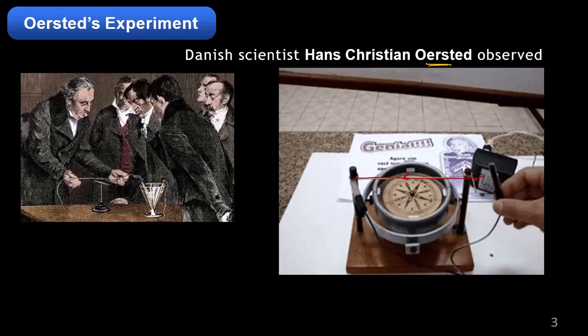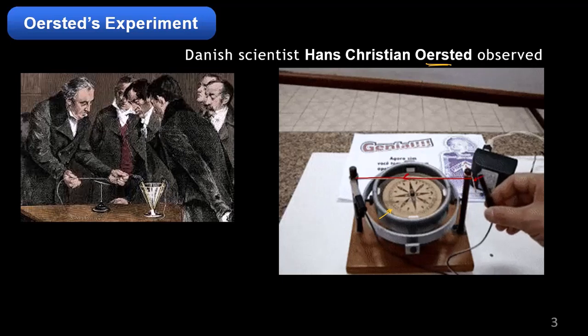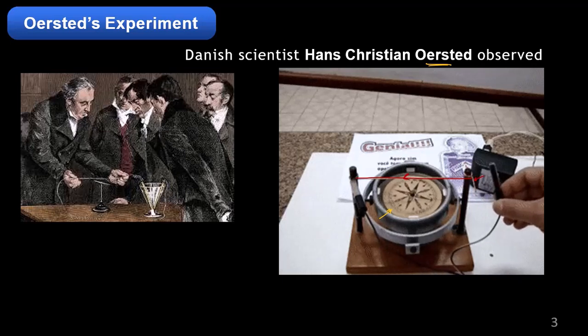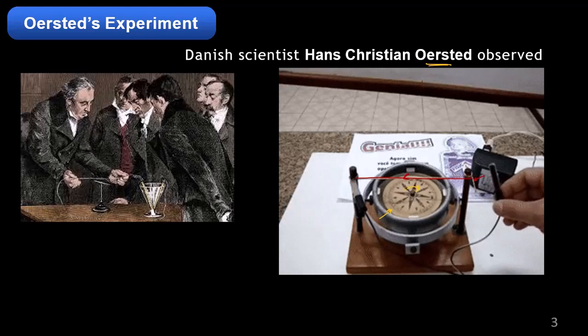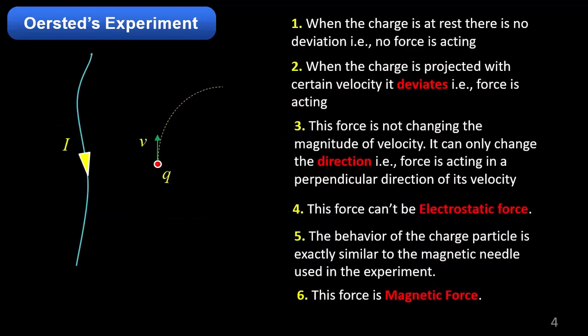If I place a magnetic compass below the wire and touch the contact, the current flows and the deflection is observed in the needle. The needle rotates. That means some force is acting on this needle, and that has been explained by the scientist. So what is the outcome of the experiment?